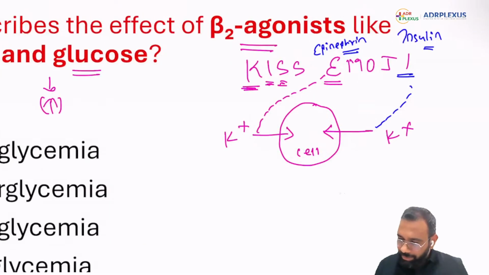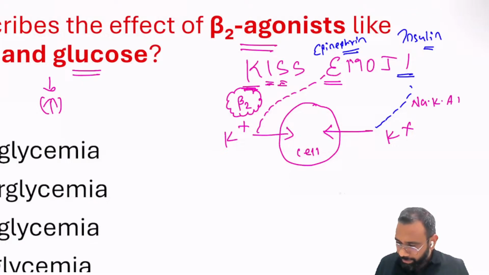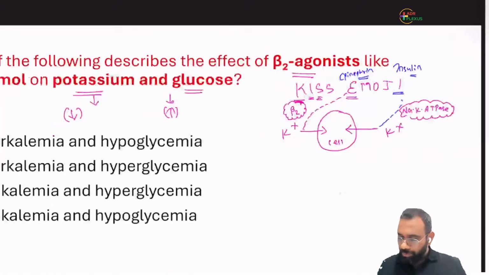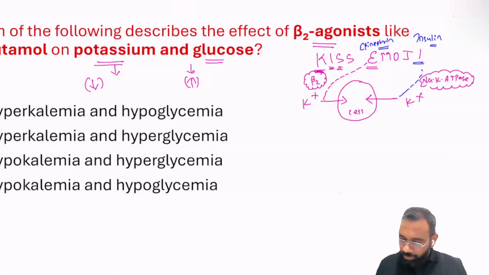But how they send it is what's important here. Epinephrine sends it via beta 2 agonism, and insulin sends it via sodium potassium ATPase. The effect is the same, the action is different.